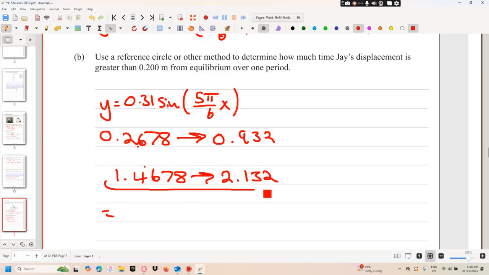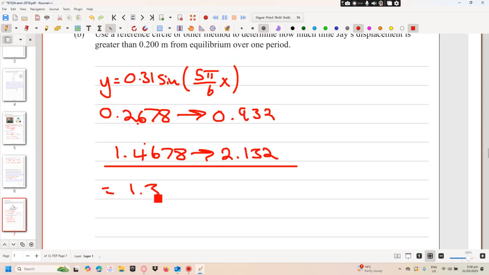This one is still useful, I think. Yes. Alright, so then we add the differences of these two, and that's 0.932 minus 0.2678 plus the difference between 2.132 minus 1.4678, and that's 1.3284 seconds.